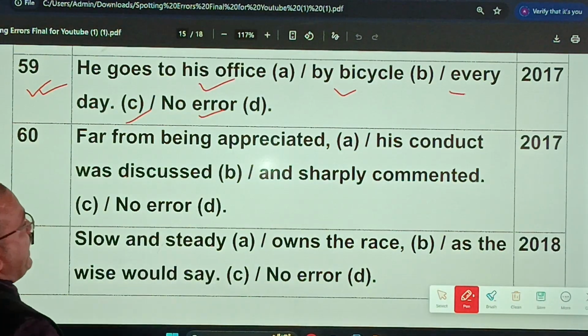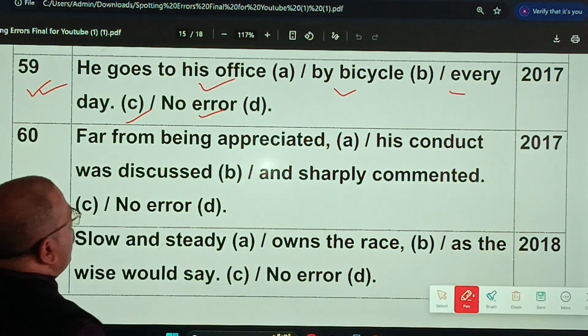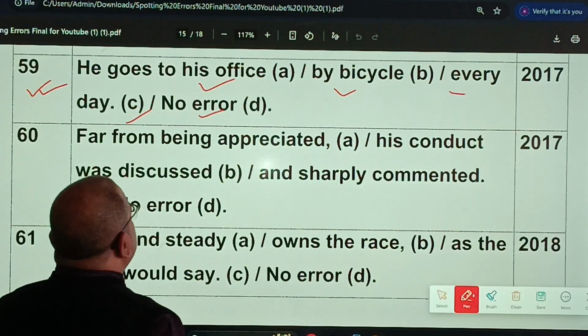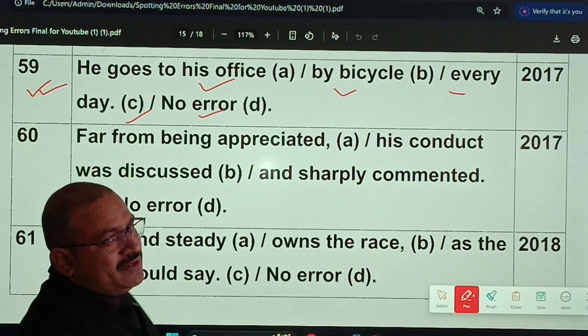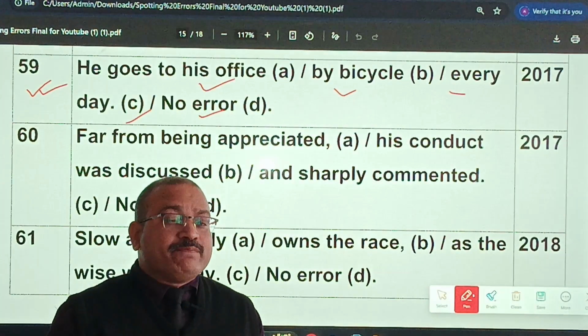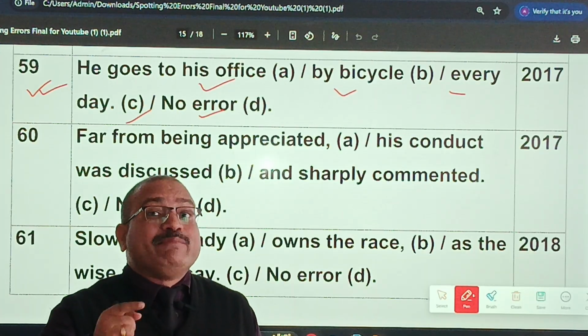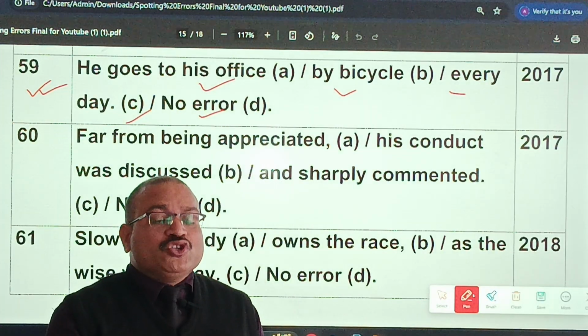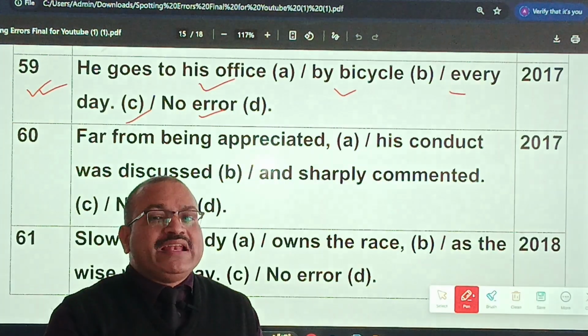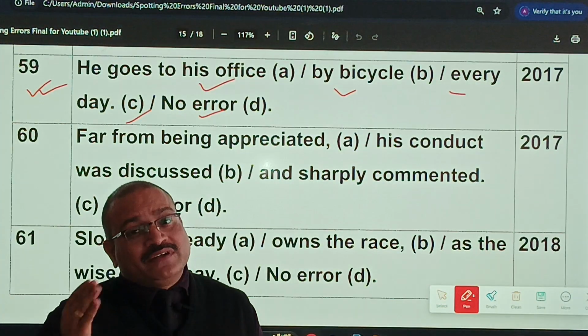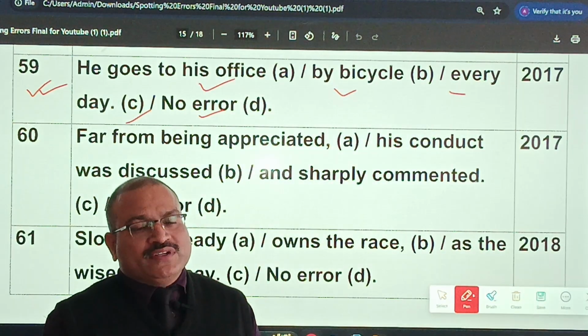Now, far from being appreciated, his conduct was discussed and sharply commented. Remember when we were discussing active and passive voice? In a sentence with a verb with preposition, the preposition will always remain intact even after changing into passive voice.